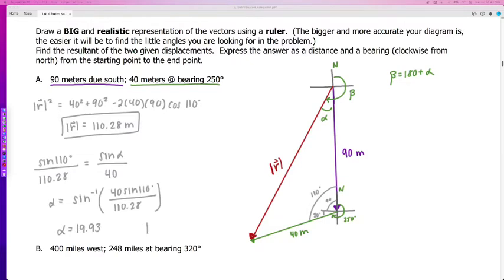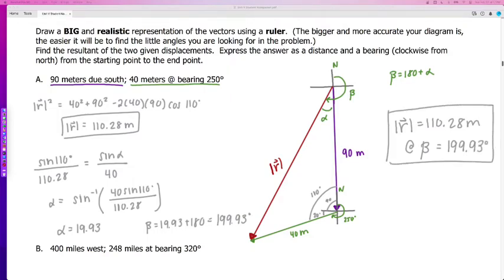So our bearing, remember, is that plus 180, so something like 199.93. All right, so I'm going to write this all together. Our resultant vector has a magnitude of 110.28 meters at a bearing of 199.93 degrees. And I will box that as the final answer there.